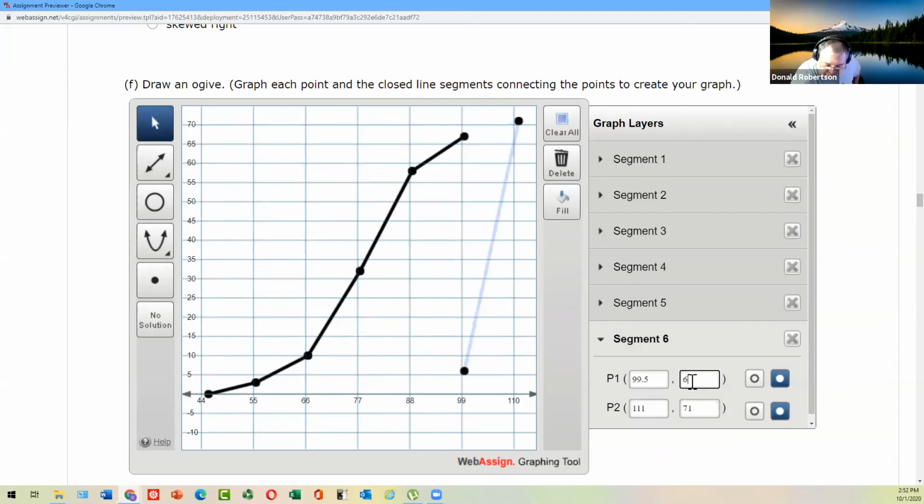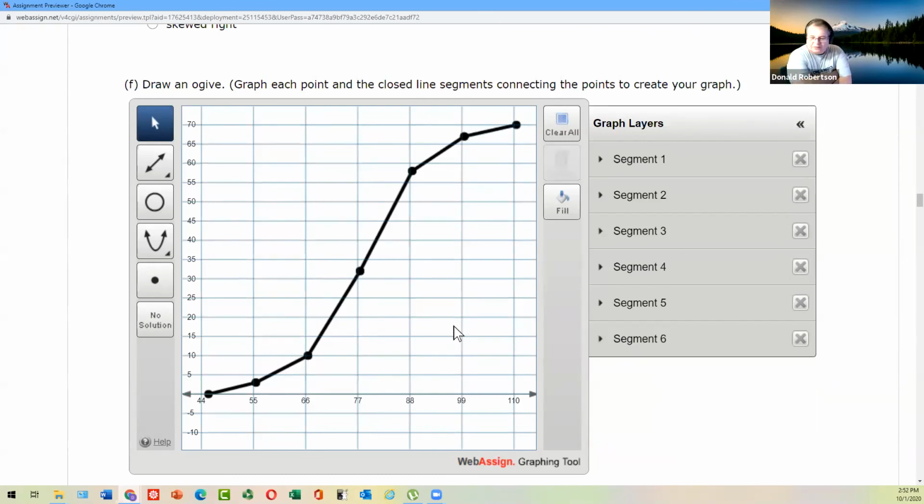And the other one should have been 110.5, and it should have finished on 70. God, that's a lot of work. Can you see the classic ogive shape? Kind of goes up and it flattens off.